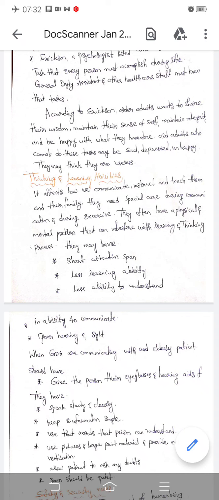Old adults who cannot do these tasks may be sad, depressed, unhappy. They may think they are useless. We observe this in our family members also. Some old people always share their wisdom and their integrity, what they did in their past.